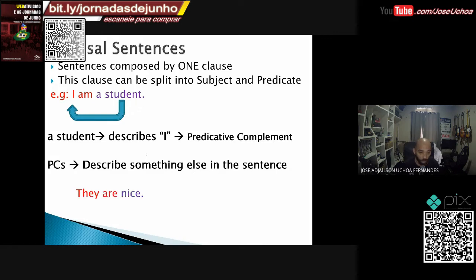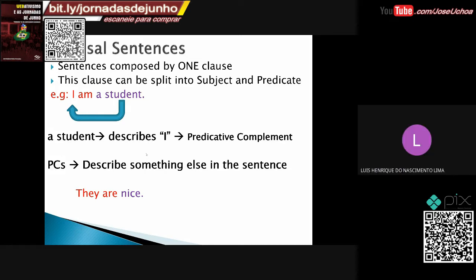Take the case of "they are nice." Do you think this is a case of predicative complement or of object, the element in purple? Nice. In the case of "they are nice," is nice a predicative complement or an object? Predicative complement.